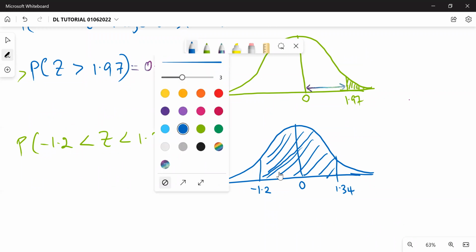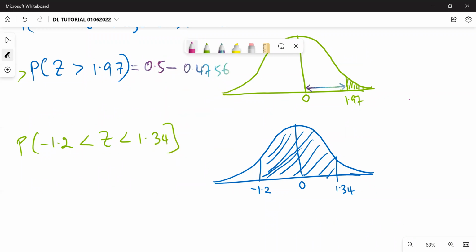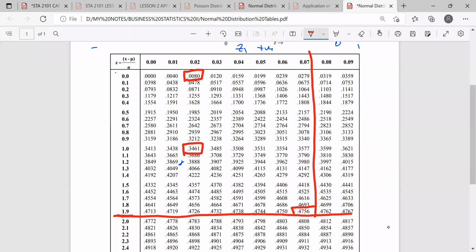Of course, I know it is very easy for you to find this area. Because you just go to your tables and look for the area corresponding to the Z value of 1.34. So 1.3, 1.34 here. 0.4099.